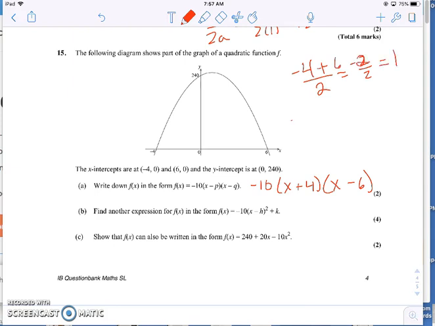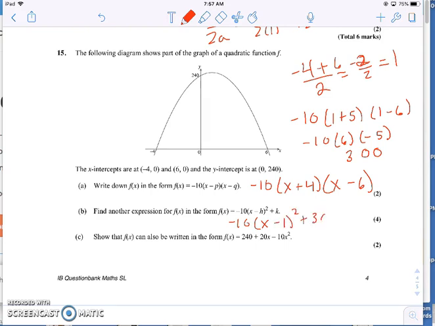That's wrong before, it shouldn't be negative. And if we plug that in, negative 10 times 1 plus 4 times 1 minus 6, so negative 10 times 5 times negative 5, so that's 250. So this would be negative 10 times x minus 1 squared plus 250.